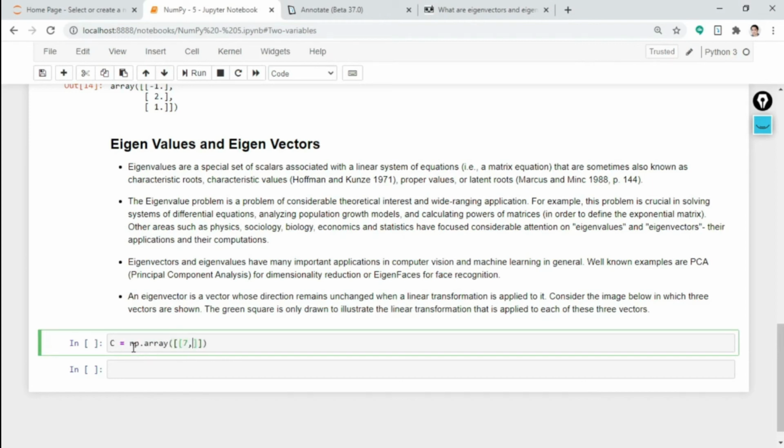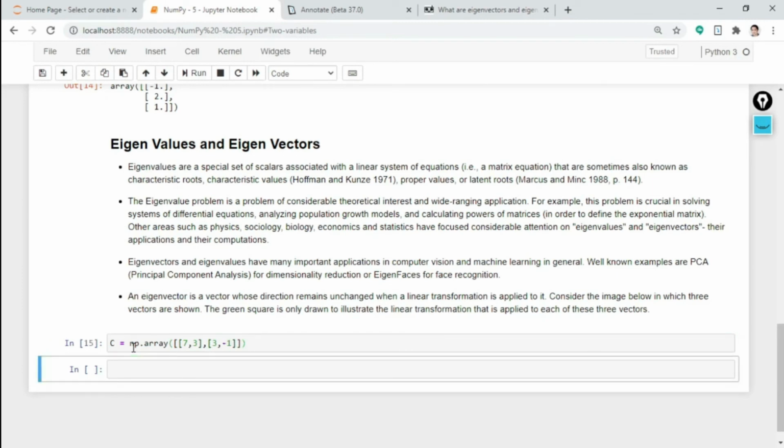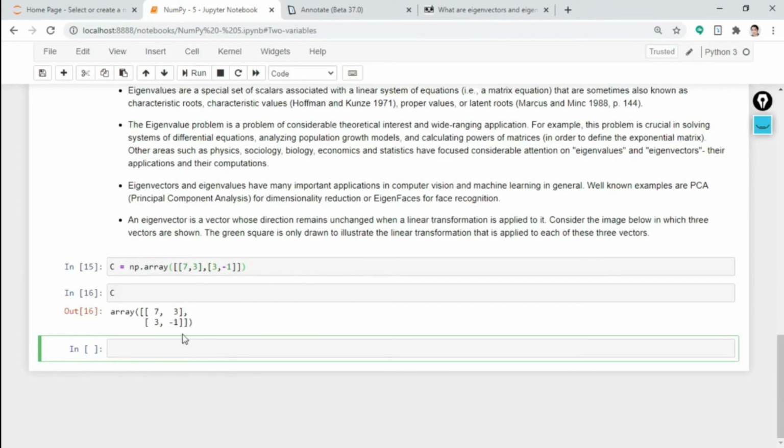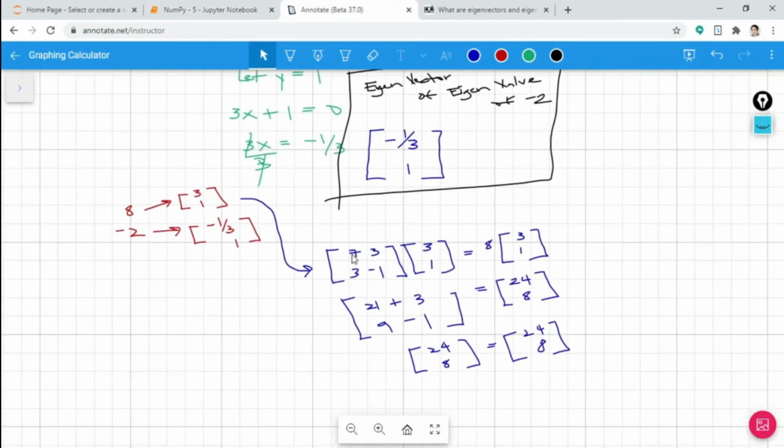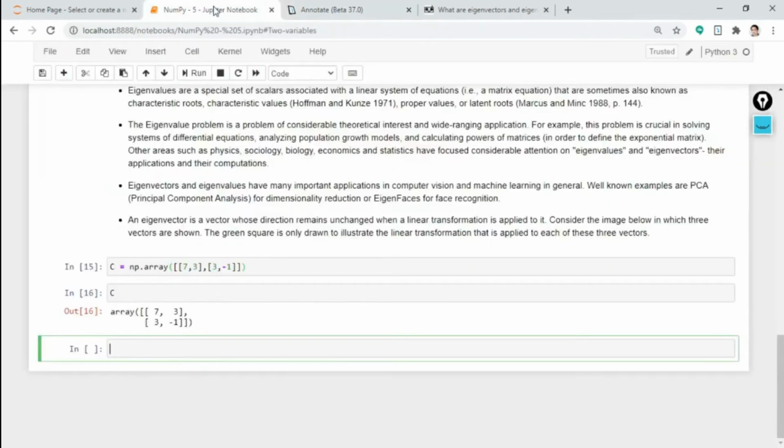This one is 7, 3, and we got 3 and negative 1. Let's see what this looks like: 7, 3, 3, negative 1.